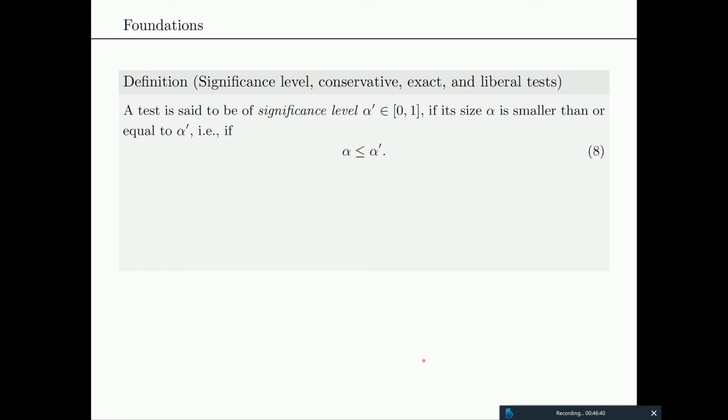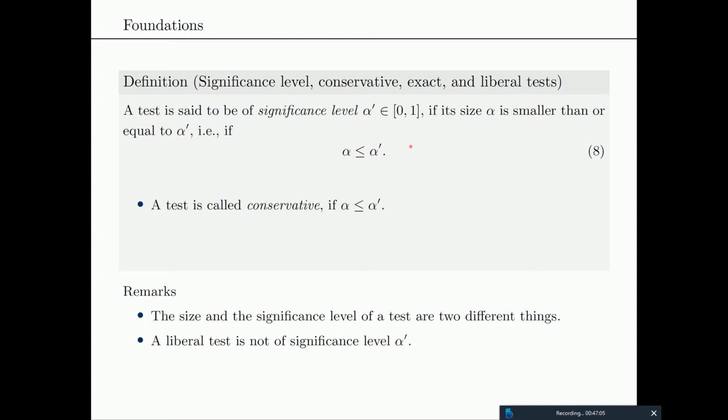So a test is said to be of significance level alpha prime, if its size, or you could also use some other symbol here, but alpha prime is the one that I liked. If its size alpha is smaller than or equal to alpha prime, that means that the probability for a type 1 error is smaller or equal to alpha prime. If it's equal to, then it's actually called an exact test.